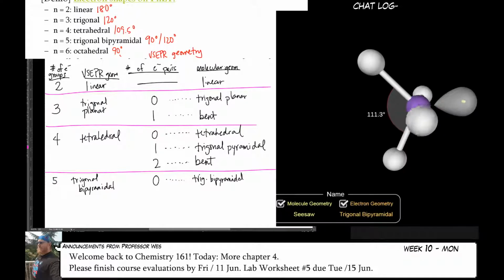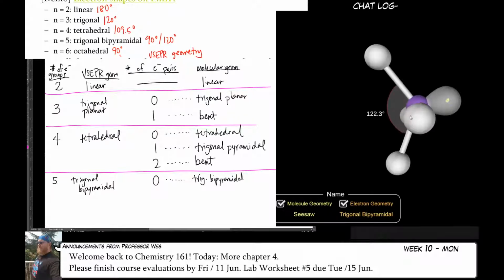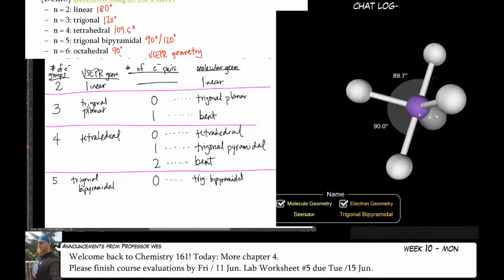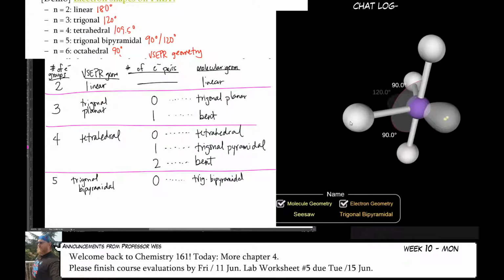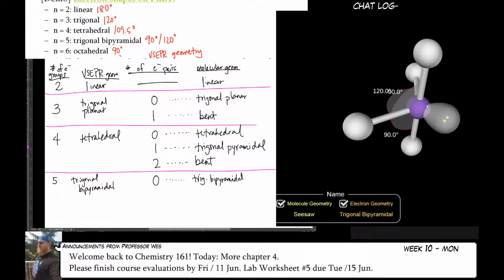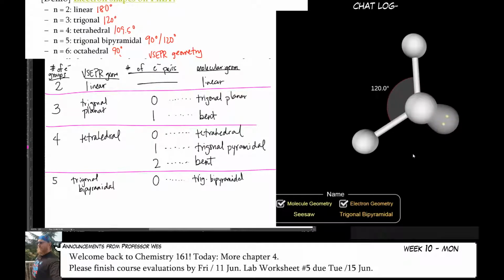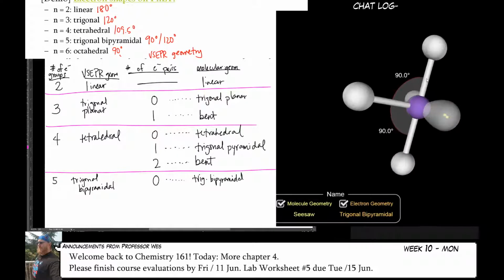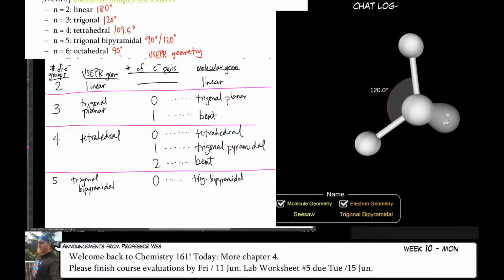But now if I do that, you'll notice that the position that it tries to adopt is one of the ones on the triangle. And there's a reason for that. And we'll talk about that in a little bit.